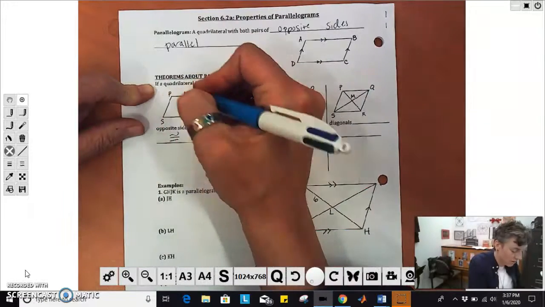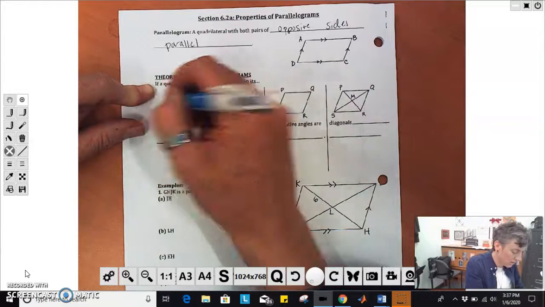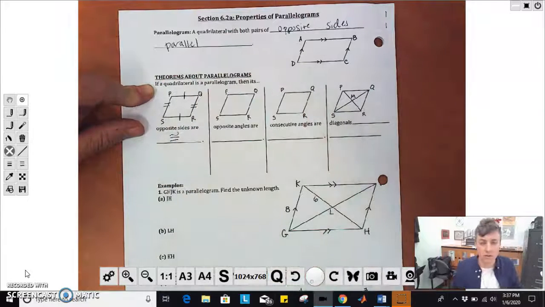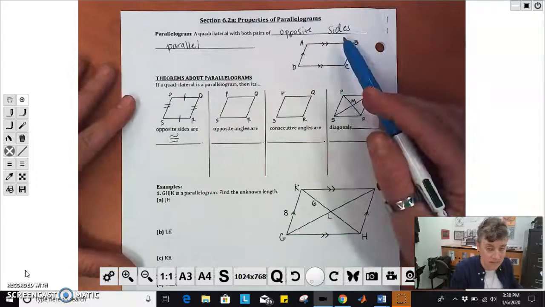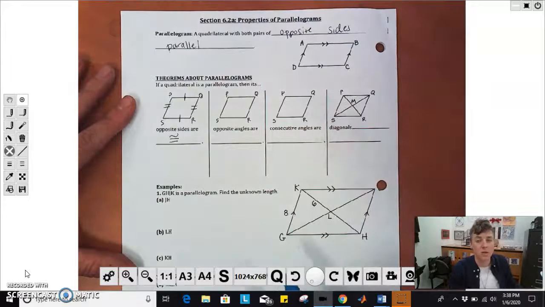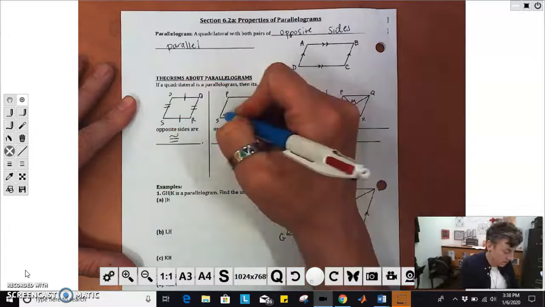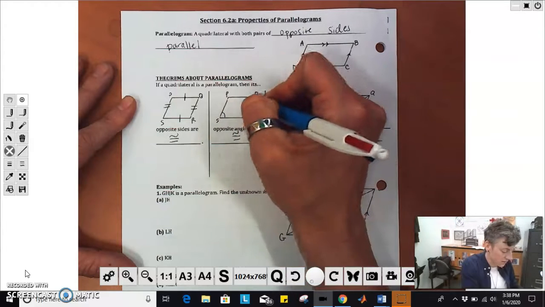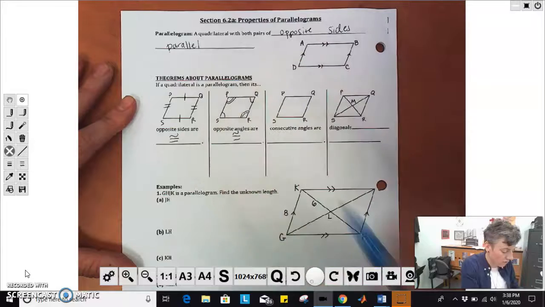So we know PQ and SR are congruent, and PS and QR are congruent. We also know the opposite angles are congruent. So angle S is congruent to angle Q, and angle P is congruent to angle R.